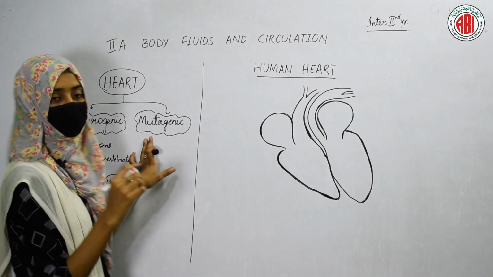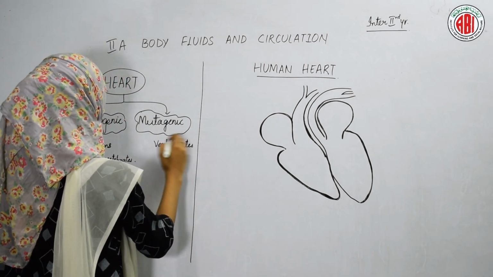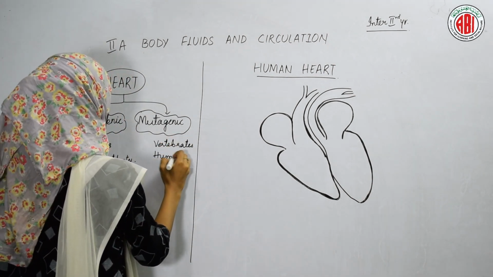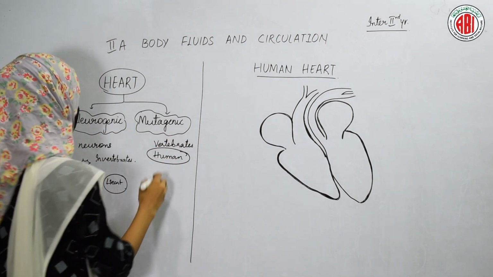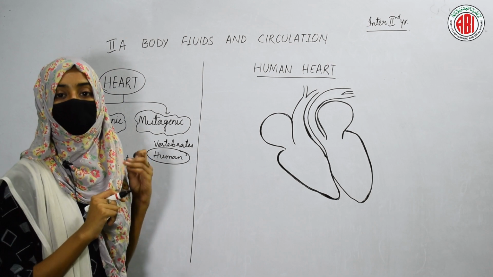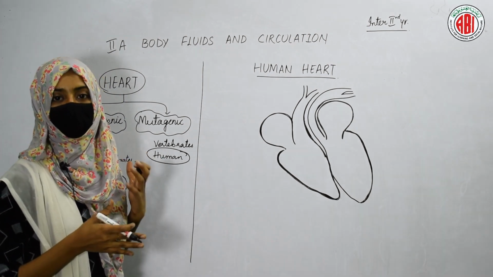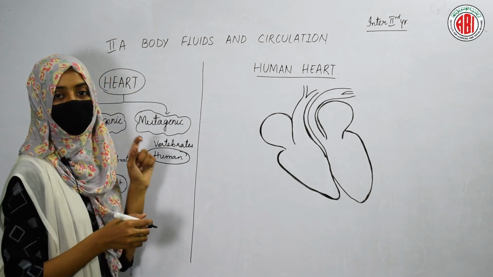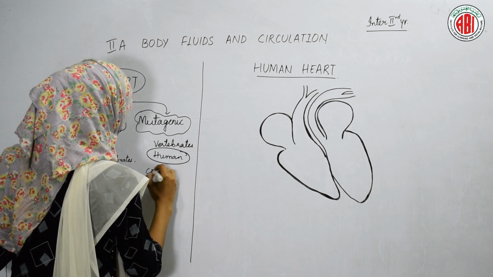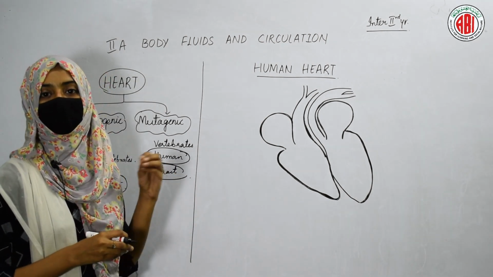Whereas myogenic heart is a type of heart that is present in vertebrates. So this type of heart is present in human beings. Human beings are vertebrates. Myogenic heart means this heart starts its heartbeat not because of neuron signals, but the muscles present in our heart contract because of other specialized muscles.